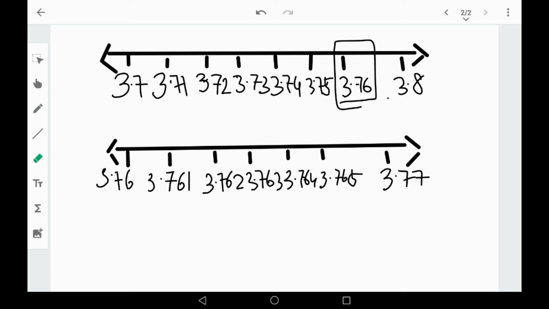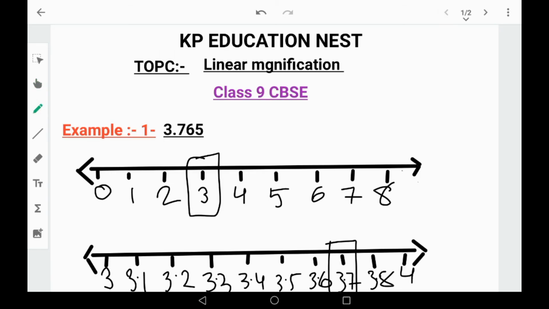So the numbers between 3.76 and 3.77 are these, and you can write it till 3.769. So those will be the numbers between this and this. In the question they asked me to point out 3.765.